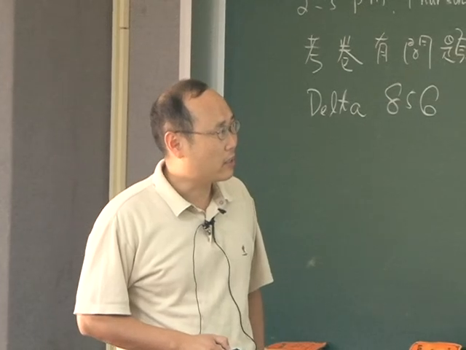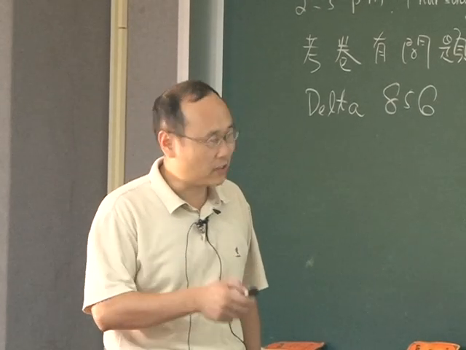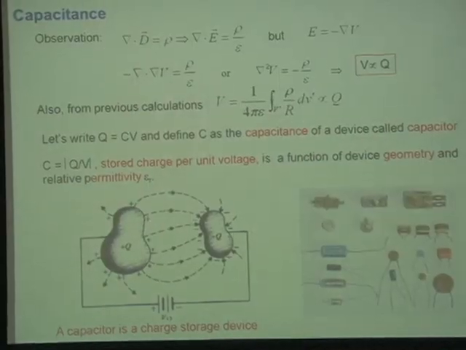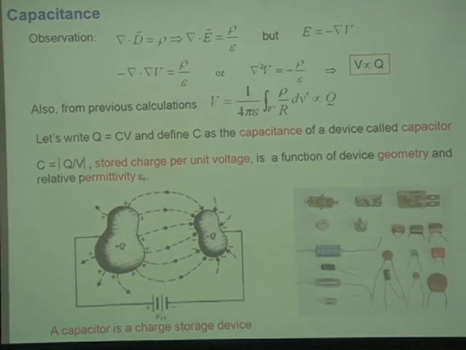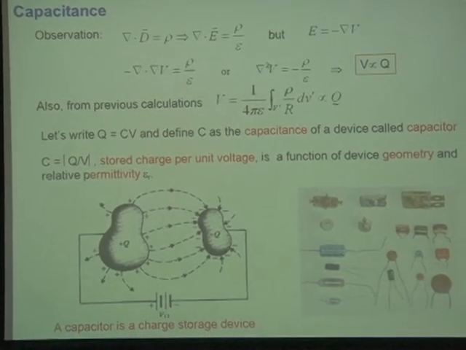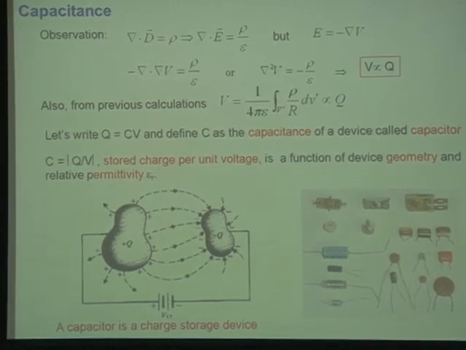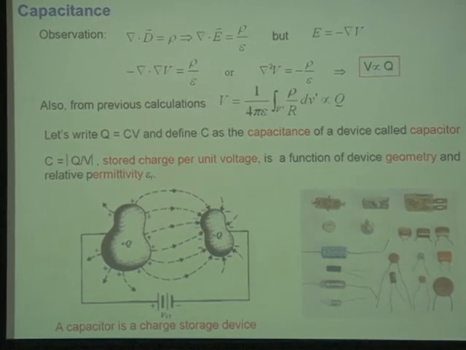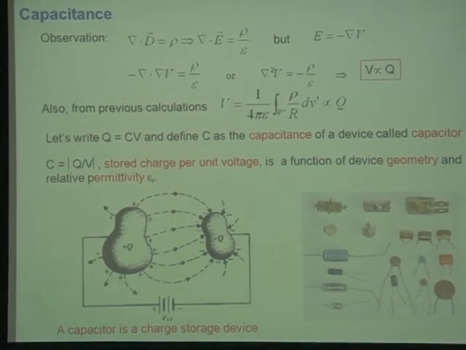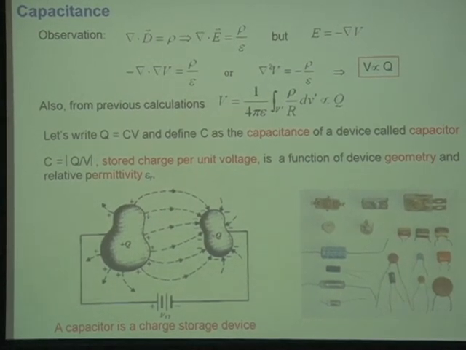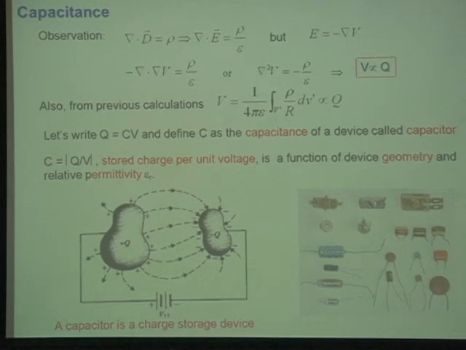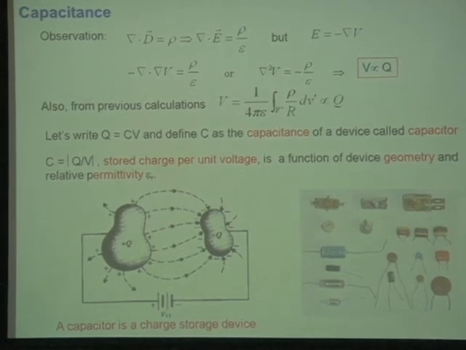So the simple physical meaning of this device is that it's the charge you can store per unit voltage. Okay, for example, you can store 1 coulomb per volt. Then this is a huge capacitor, very big capacitor.